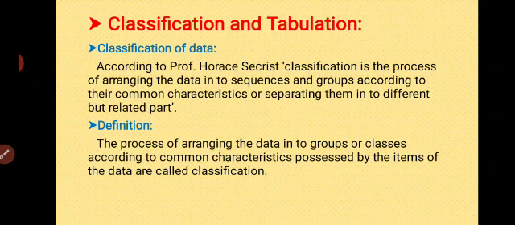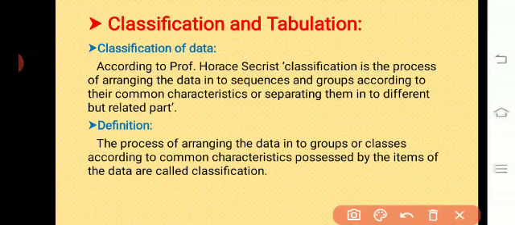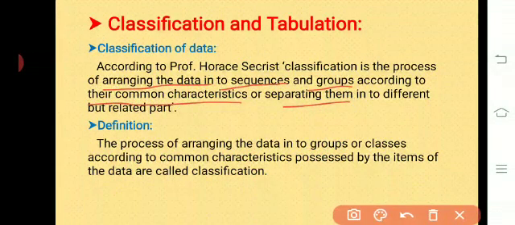So in this unit, first we are going to study classification of data. According to Professor Horace Sechrest, classification is the process of arranging the data into sequences and groups according to their common characteristics, or separating them into different but related parts.